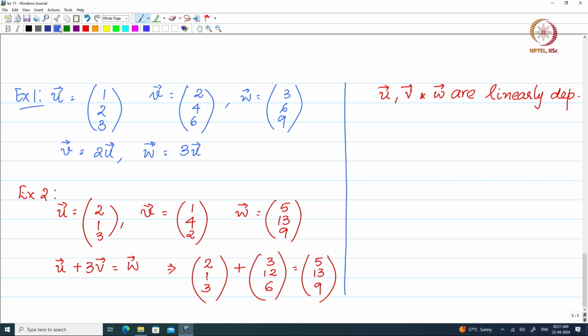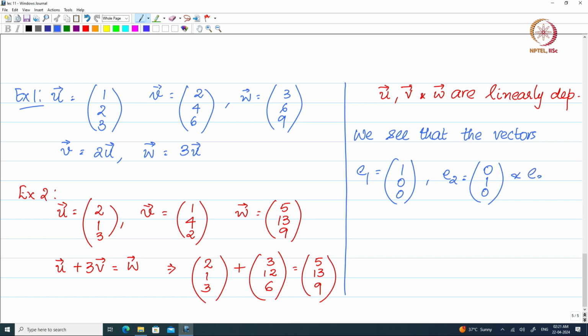However, it is interesting to see that the vectors E1, which is equal to 1, 0, 0, E2, which is equal to 0, 1, 0, and E3, which is 0, 0, 1, are linearly independent vectors.